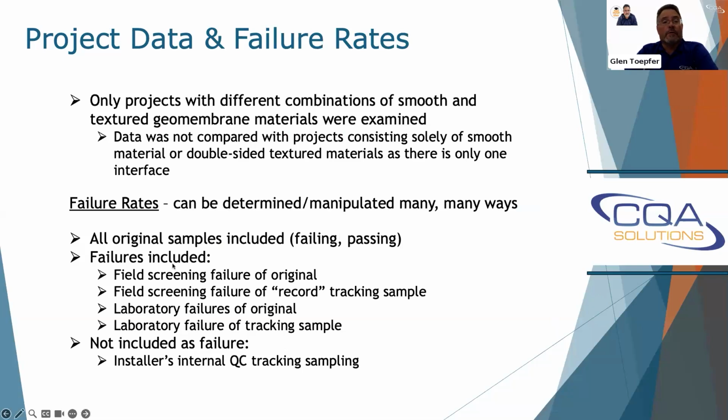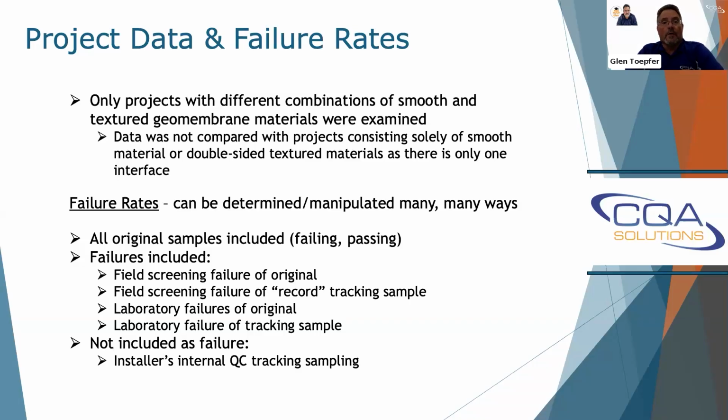And then the failures included field screening failures of the original samples, and field screening failures of record tracking samples. If the installer did their own QC on their tracking samples, they might cut 5 or 6 samples thinking they have a passing area, and they don't.